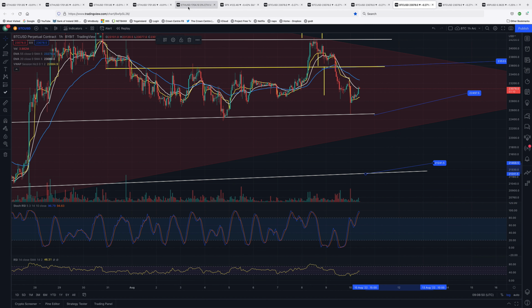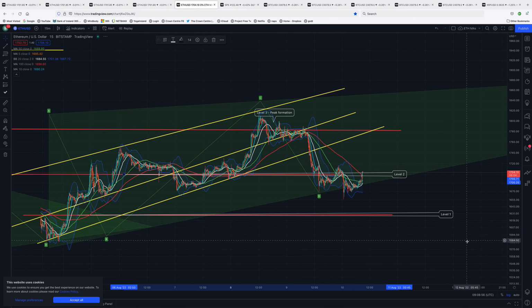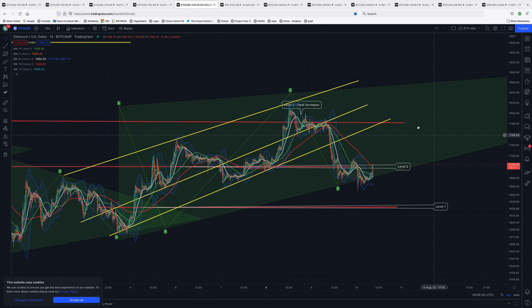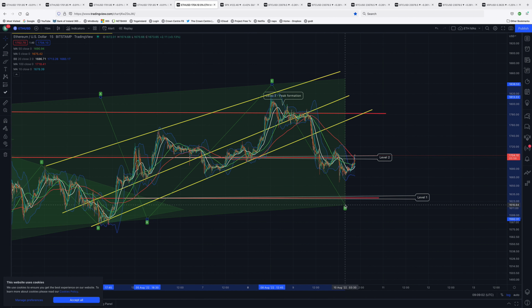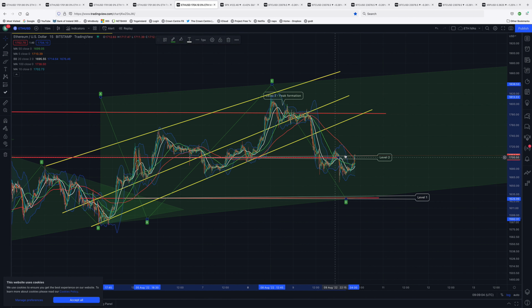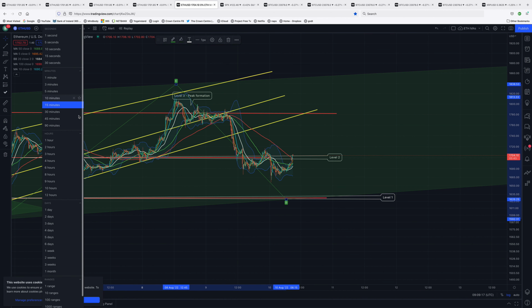For Ethereum, okay, so Ethereum is the slowest mover of the three, because its arc might be an ascending one or not. What it looks like to me here is mid-range high. So it looks like Ethereum has done its mid-range high at the moment.